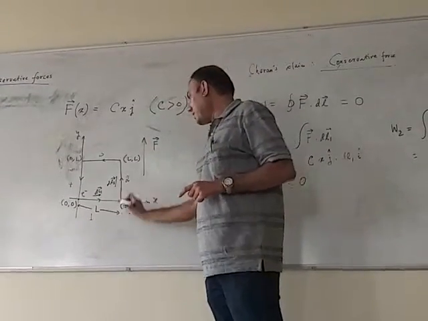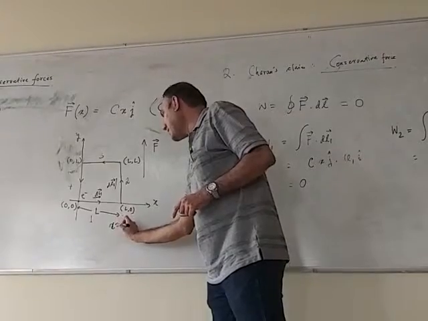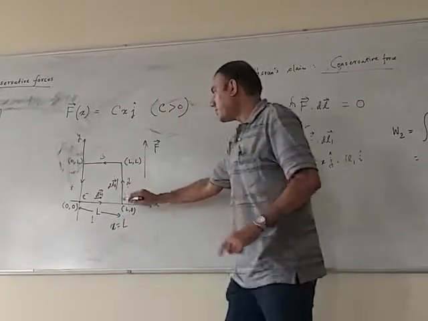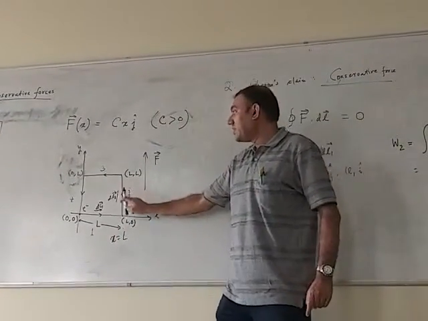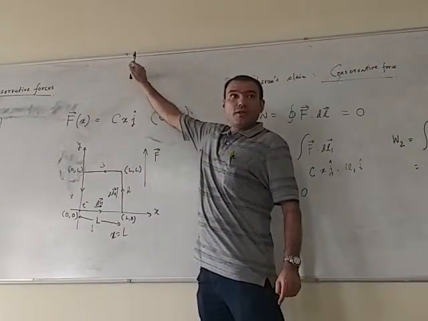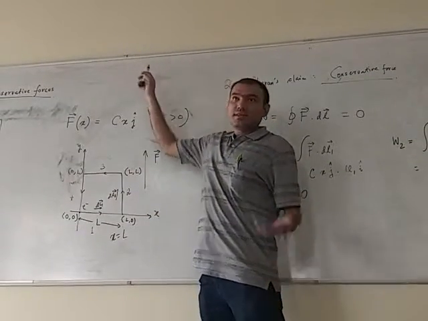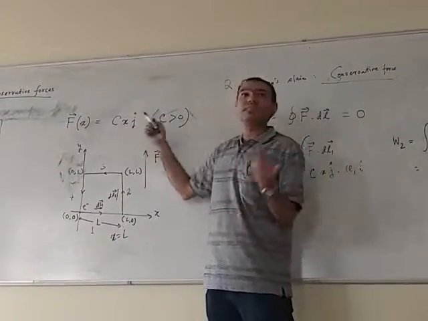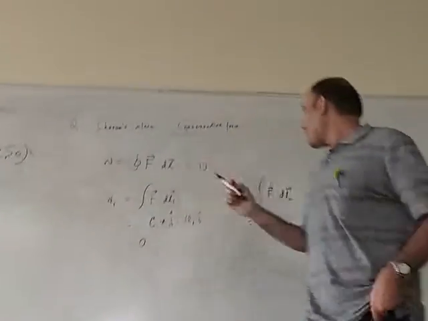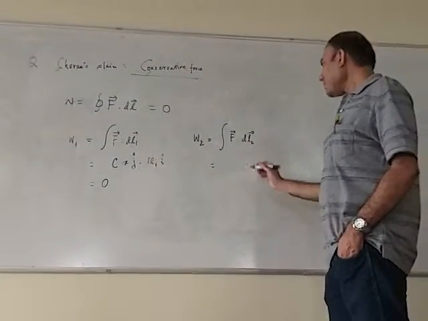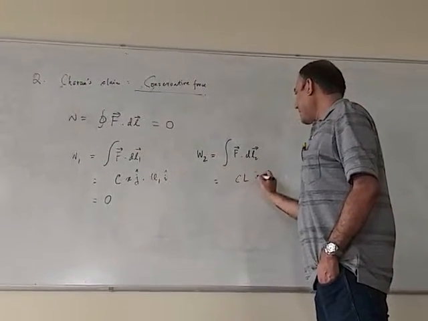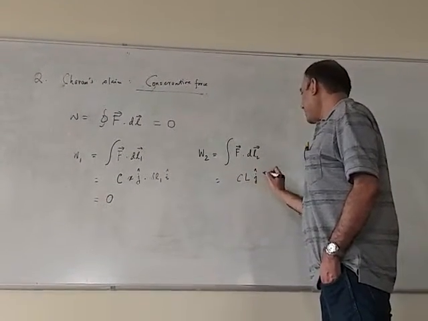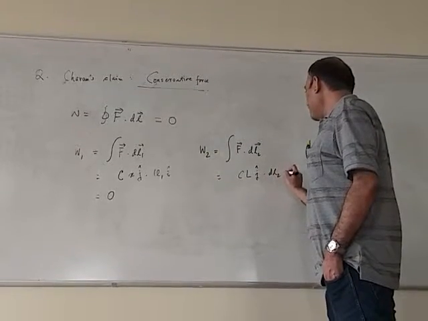Because at this x, the value of x is L. If you do not change x and keep on traveling along the y-axis, then you have a constant force whose magnitude is just c times L. So the force that comes in here is cL j cap dot dl2 j cap.